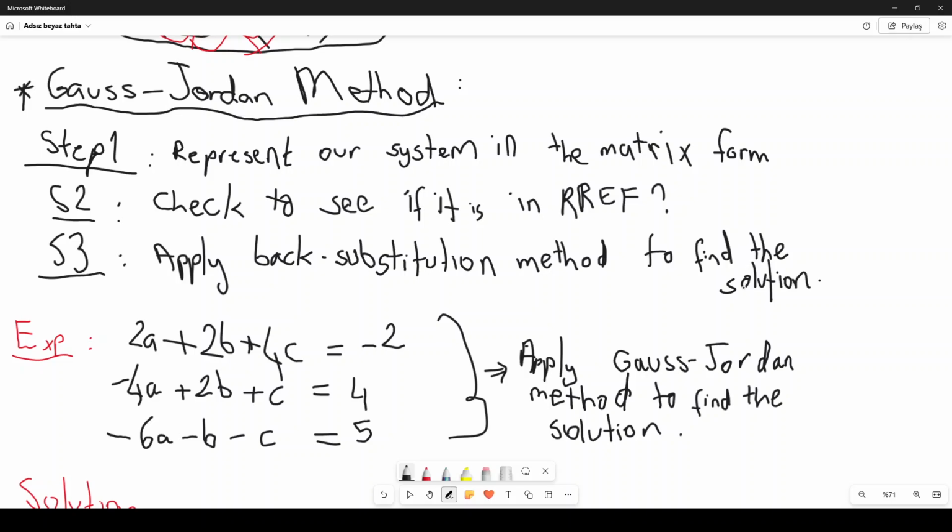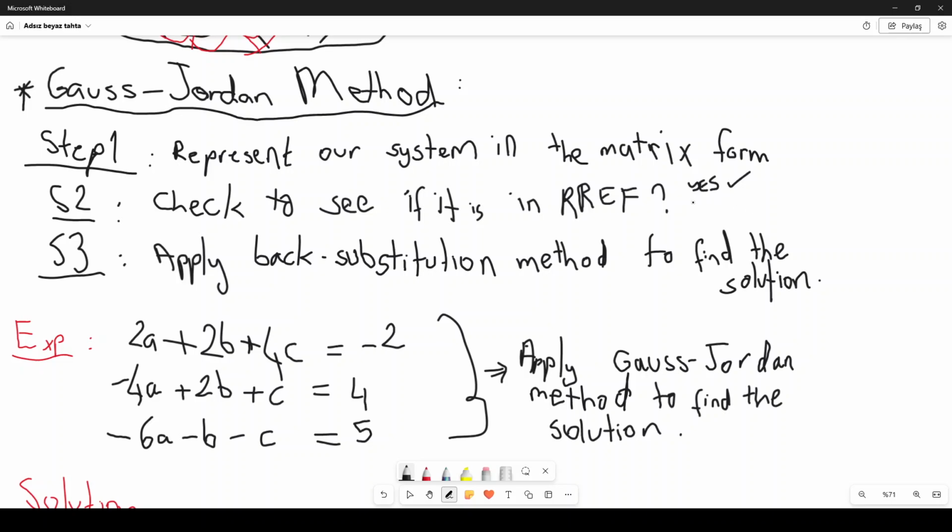And then in the second step I check to see if this matrix is in reduced row echelon form or not. If our answer is yes, then there is nothing to do for us, because it is already in reduced row echelon form. Then we are ready to apply the Gauss-Jordan method, nothing left for us to do.